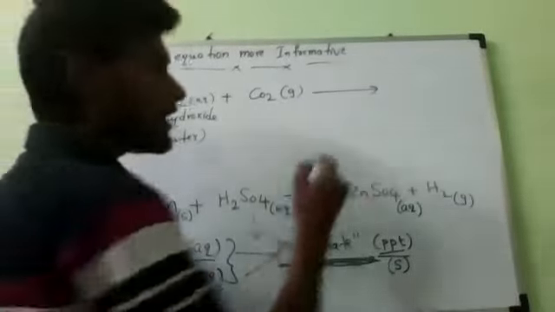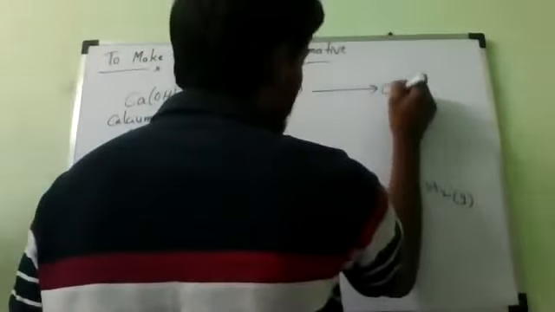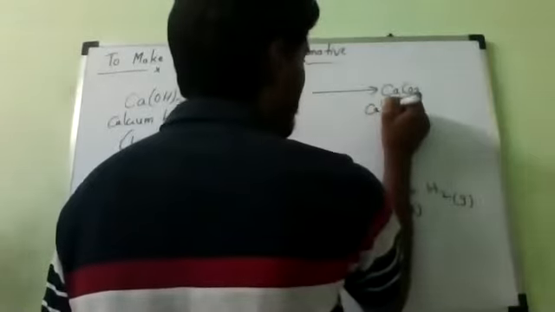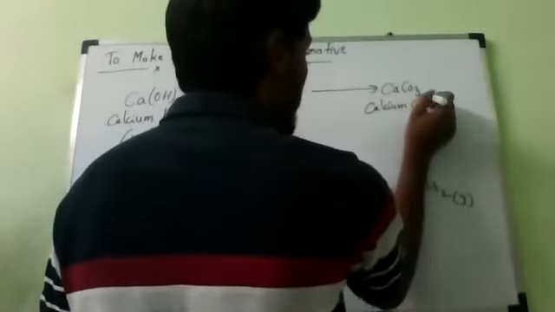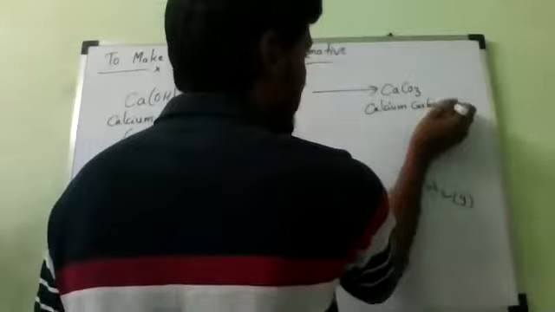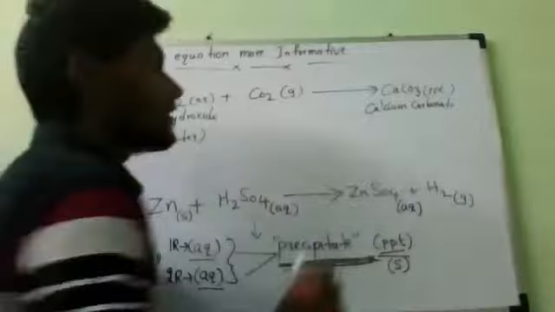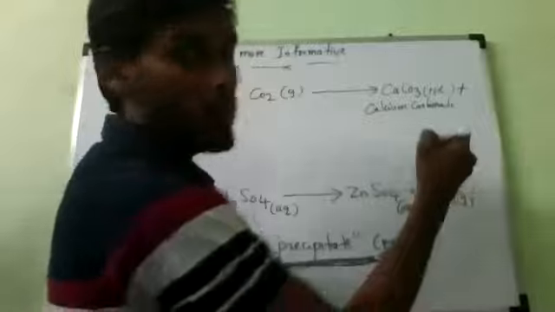So now the products will come: calcium carbonate, CaCO3. It is a PPT. What does PPT indicate? Precipitate. Plus we get water.